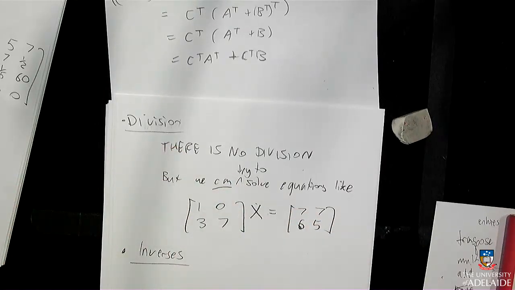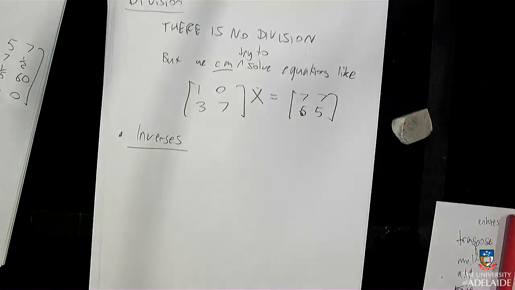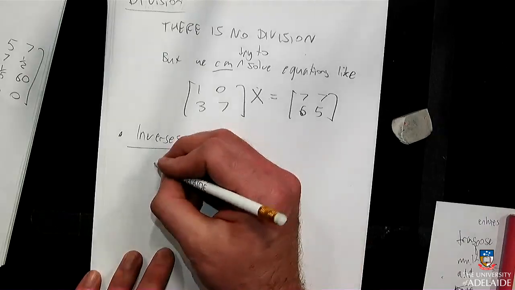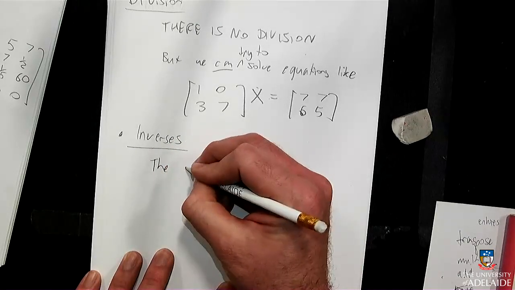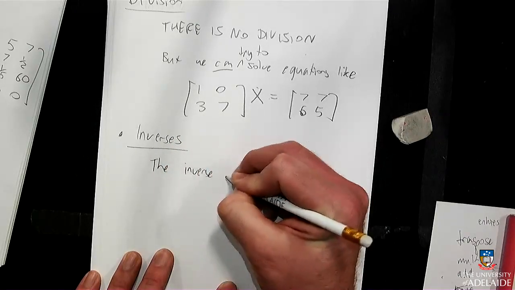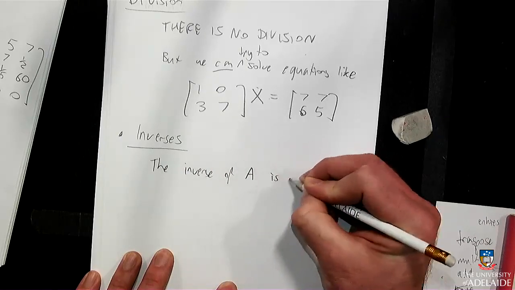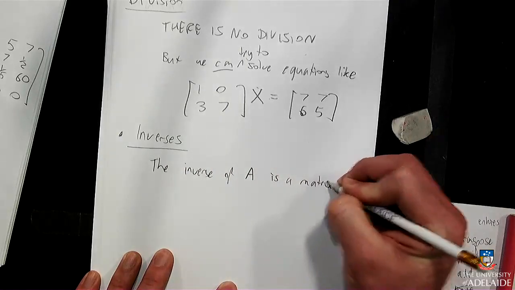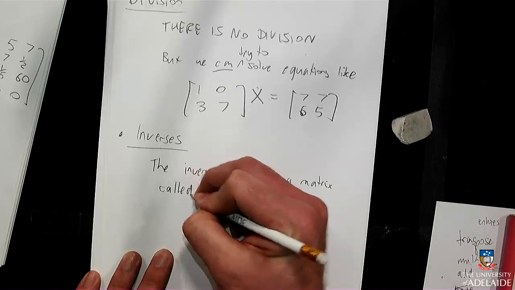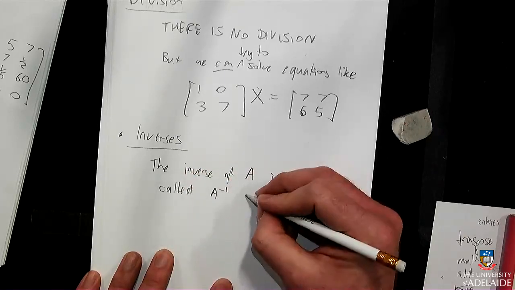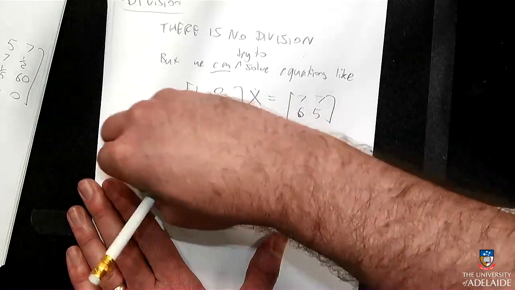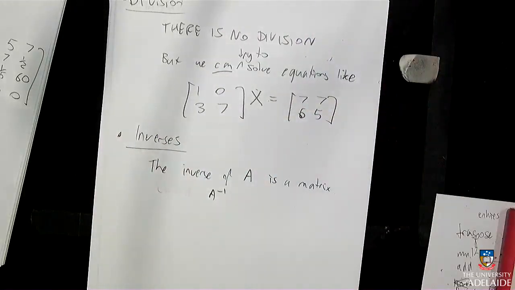So we're going to create an inverse, which is a new matrix which, when we multiply it by the original one, produces the identity. The inverse of A is a matrix called A inverse. I believe the official word in maths is denoted by.